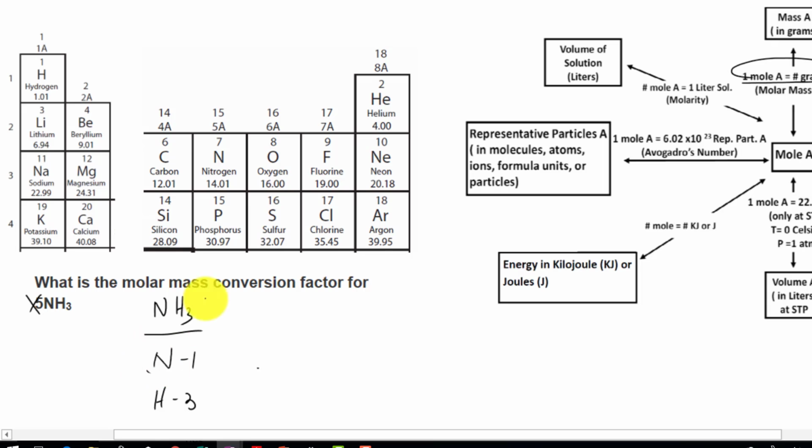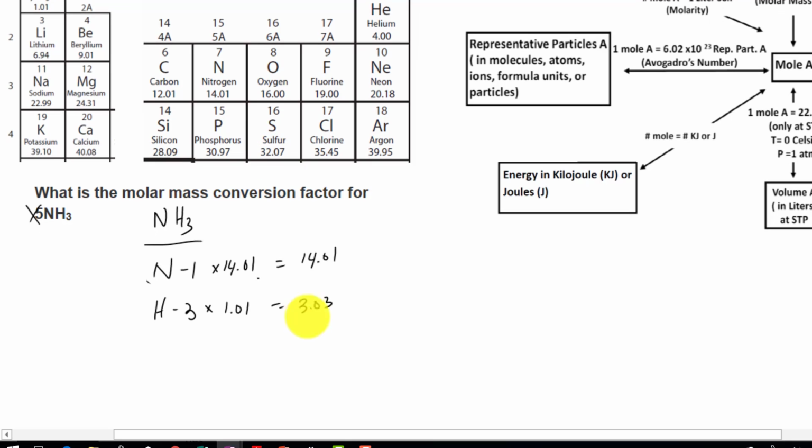And the mass for nitrogen is what? 14.01, okay? And for hydrogen it is 1.01. Now, 1 times 14.01 gives us 14.01. And 3 times 1.01 gives us 3.03. And then all we have to do is add them together.